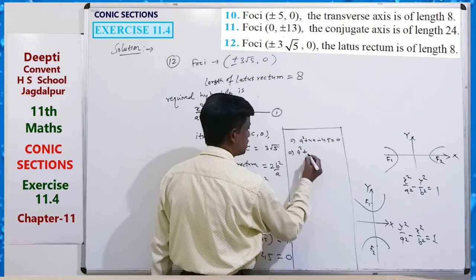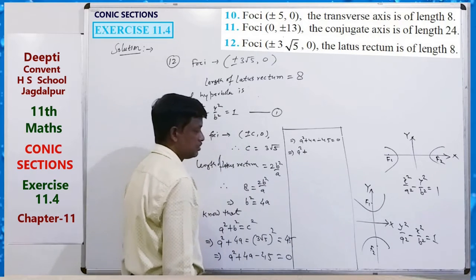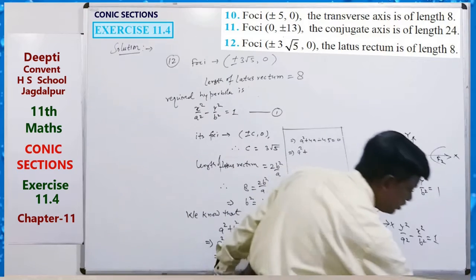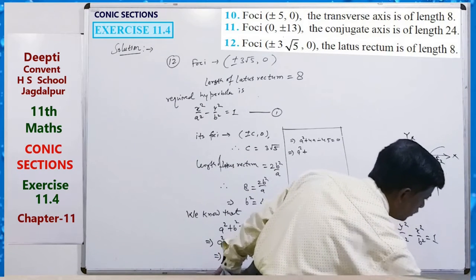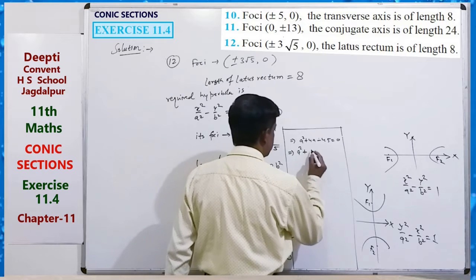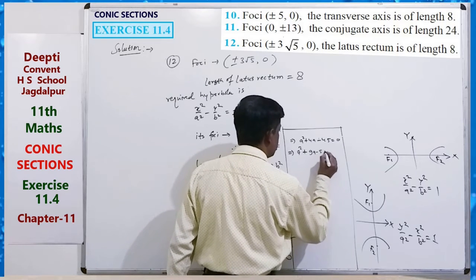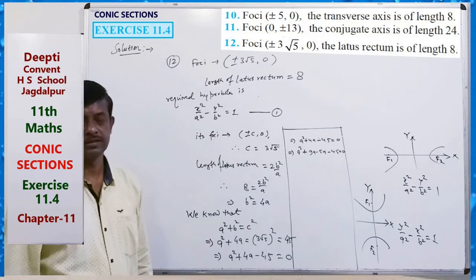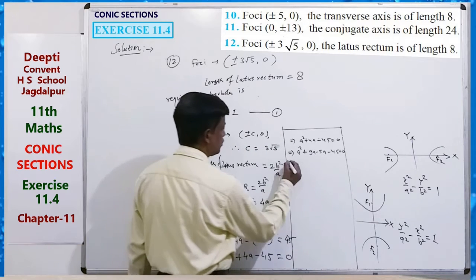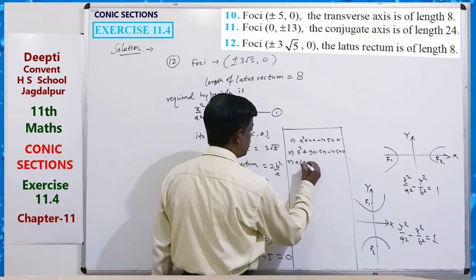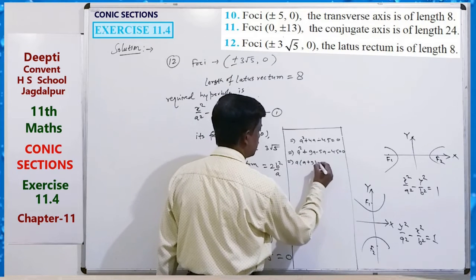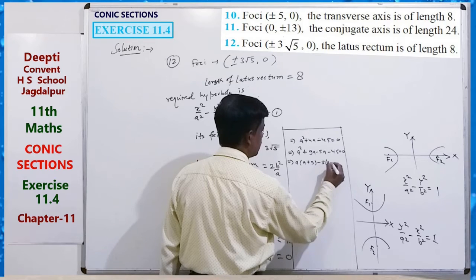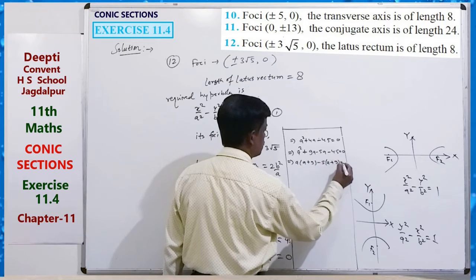A square plus 9a minus 5a minus 45 equals 0. Taking common, a into a plus 9 minus 5 into a plus 9 equals 0.